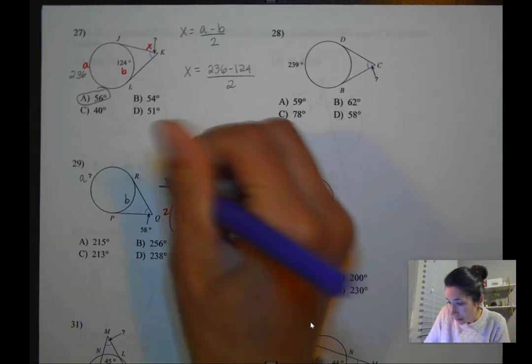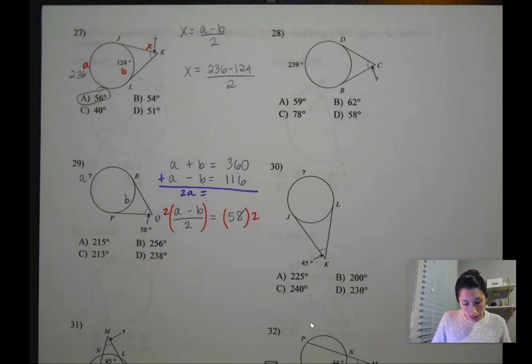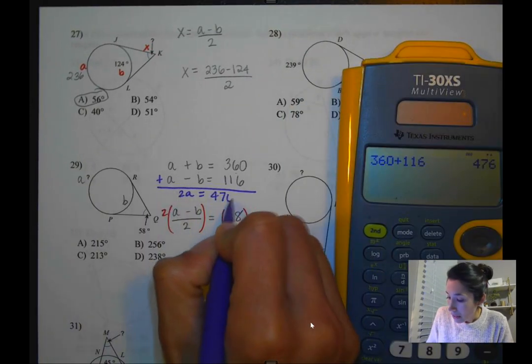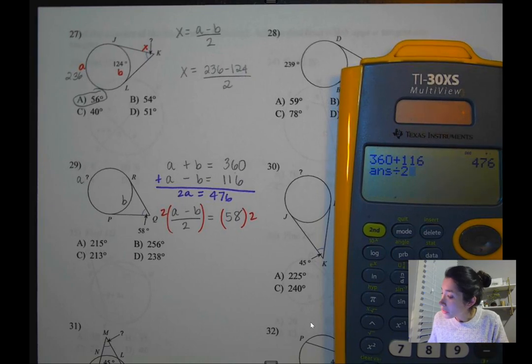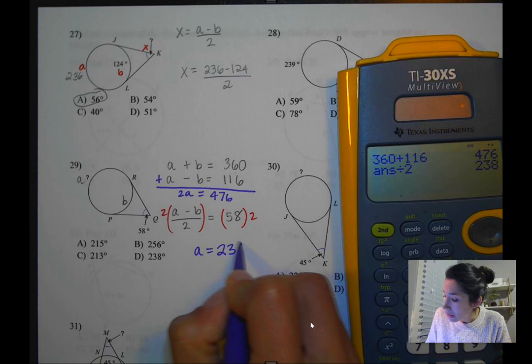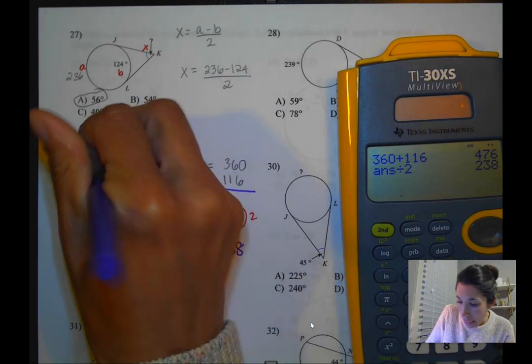A plus A is 2A, and 360 plus 116 is 476. We'll divide by 2, and we'll get A equaling 238. And that's the arc here that we're looking for. So this part here would have been 238.